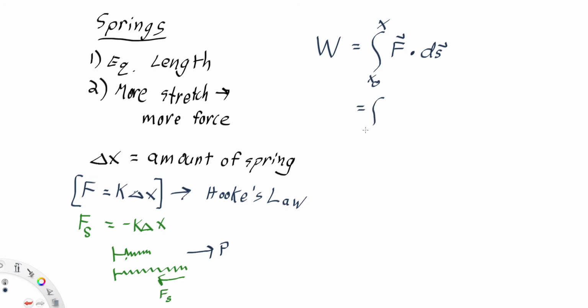So the force that we have to exert at any given amount of stretch is given by Hooke's law. It's kx. We'll call this x final. And since we're dealing with x's here, we might as well call this ds a dx.